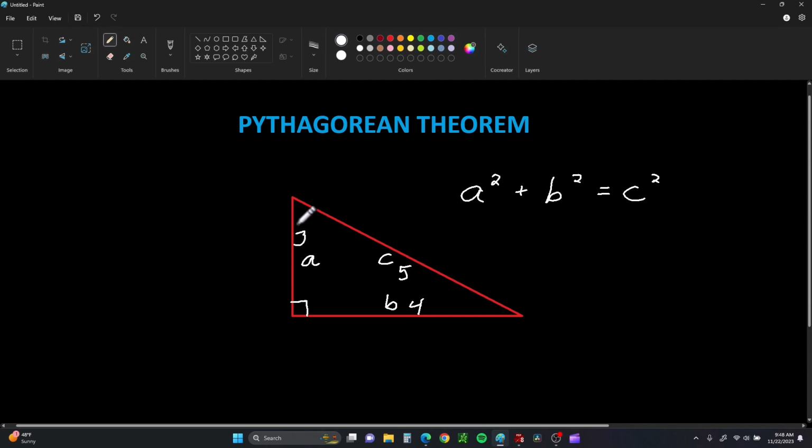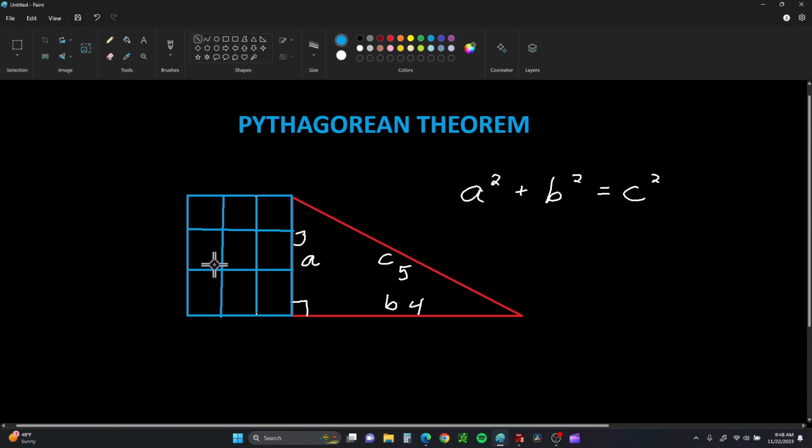So what this means is if I was to take this side, which is a 3, and draw a square here, and the sides of that square are 3 by 3, and divide this square into equal parts, and it's not looking too equal, but if the sides are 3, well then the area inside that square would be a 9.